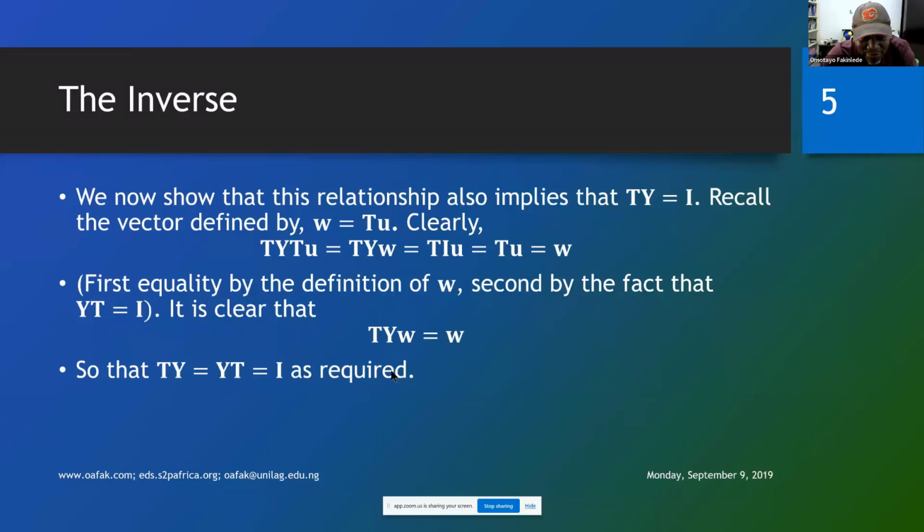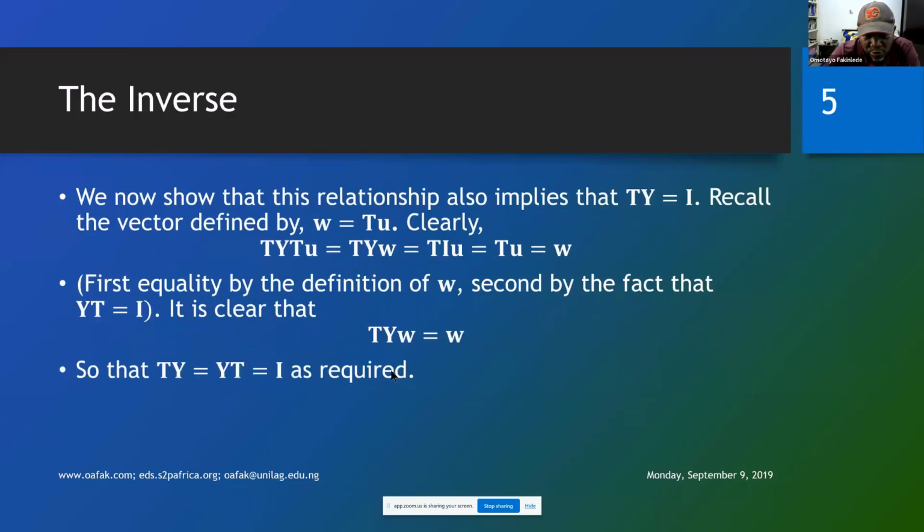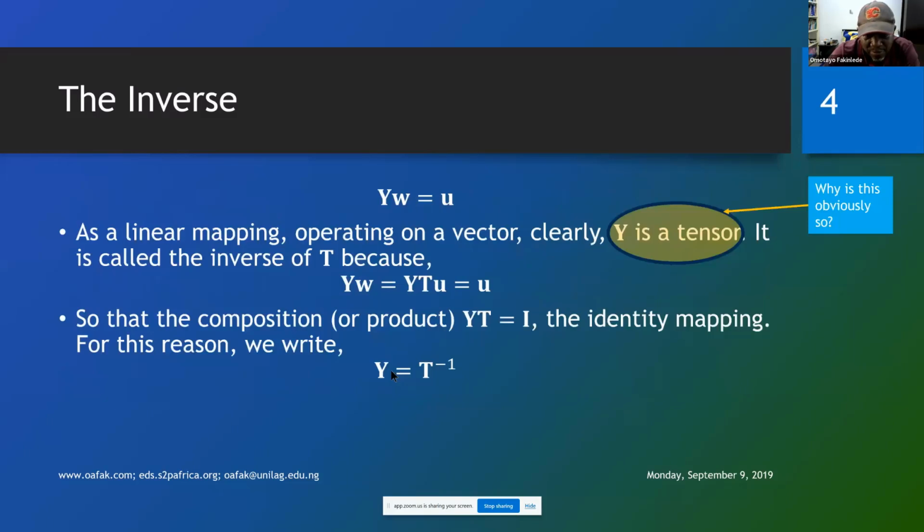So now we have proved that if TY is identity, then YT is also identity. It means that if Y is the inverse of T, T is also the inverse of Y. So they are mutual. The inversion is mutual.